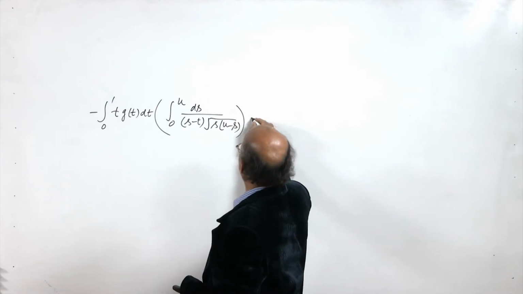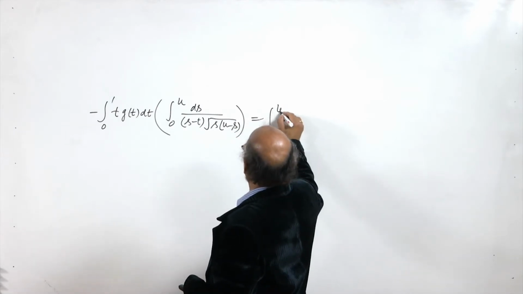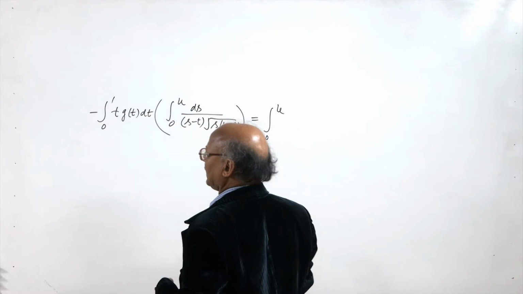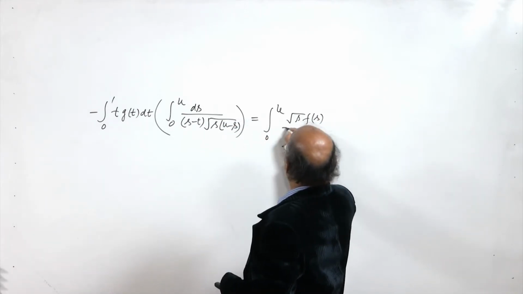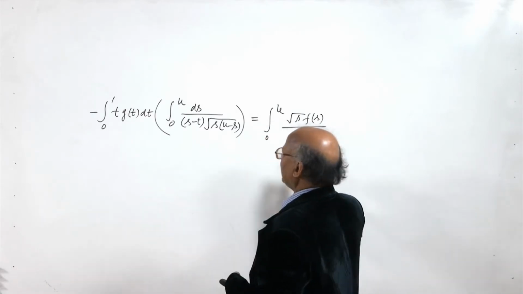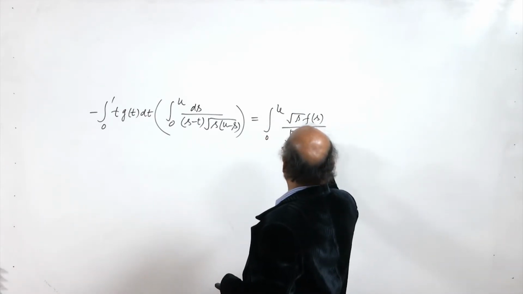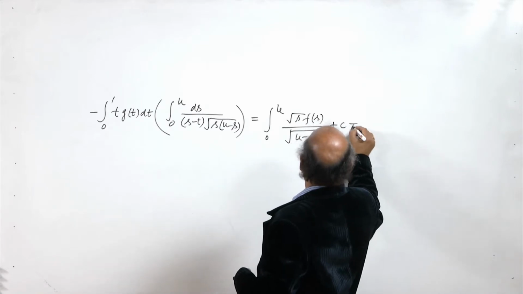This is equal to integral 0 to u square root s fs divided by square root u minus s plus c pi.